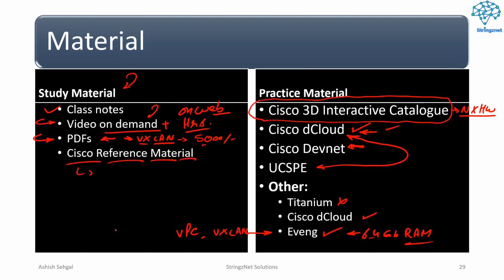That is, EVE-NG is good as long as you are on the very first module, the Nexus module. With regards to the rest of the modules, specifically ACI, though an ACI simulator is available and you can install it, the simulator has a very small topology of 1 spine and 2 leaf switches, but much better than this is Cisco dCloud. So I strongly recommend you not to invest your time and money on EVE-NG, but better to use dCloud.